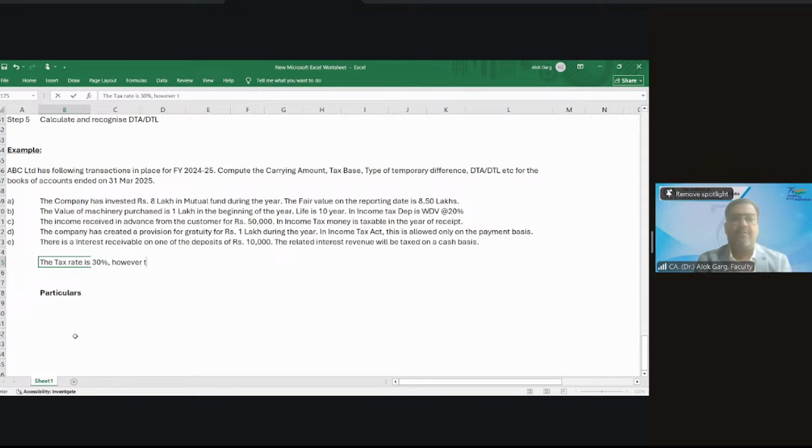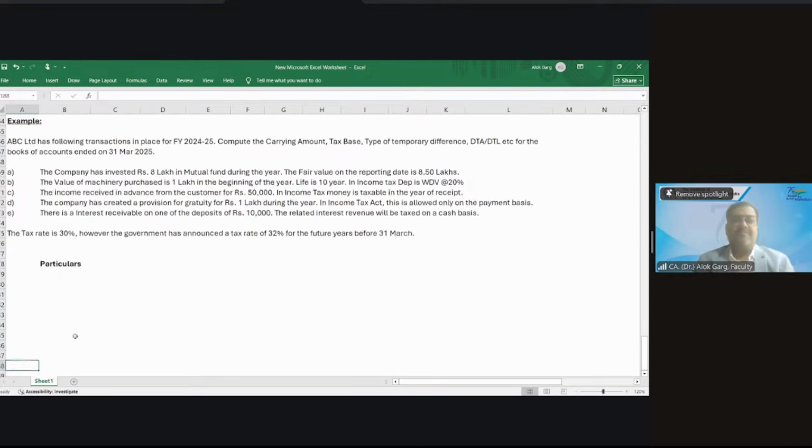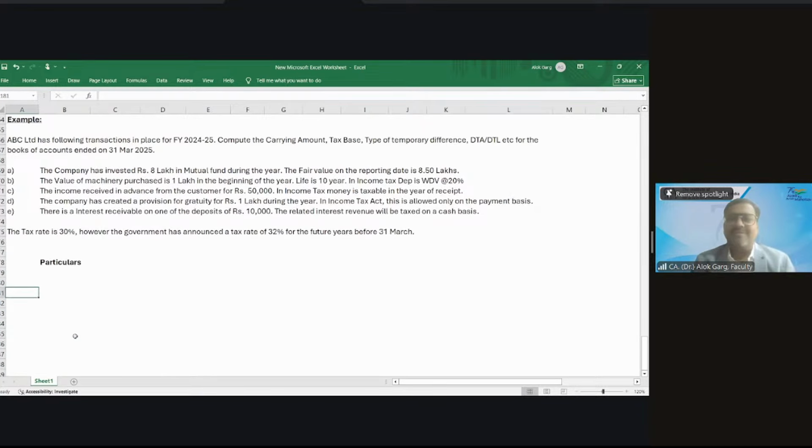However, the government has announced a tax rate of 32% for the future years, before 31st March. This is the question, right? Are you okay with the question?